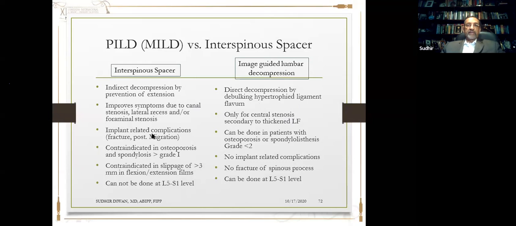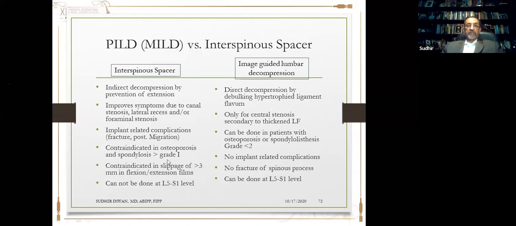There is an implant with the spacer. In MILD, there is no implant, and you can do up to grade 2 spondylolisthesis. The spacer is contraindicated for osteoporosis with a Z-score more than minus 2.5, as that will increase the chances of fracture, so you don't do it. With MILD, osteoporosis is not an issue.